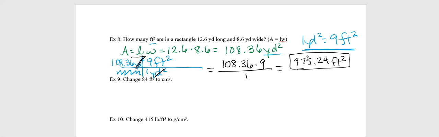The next one is in cubic. It's very similar, we just have to look on a different part of the chart. We are going to do the US system to the metric system on this one, looking for cubic feet to cubic centimeters. So here are some cubes, or powers of 3.